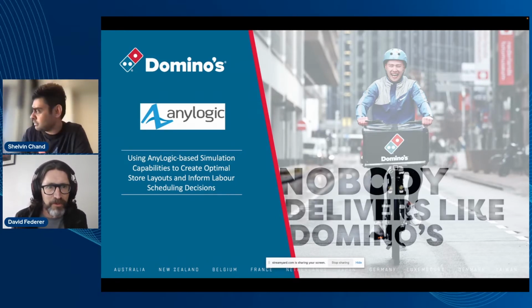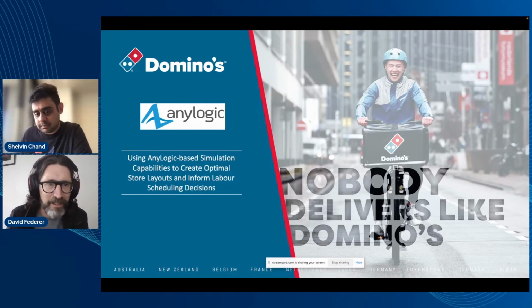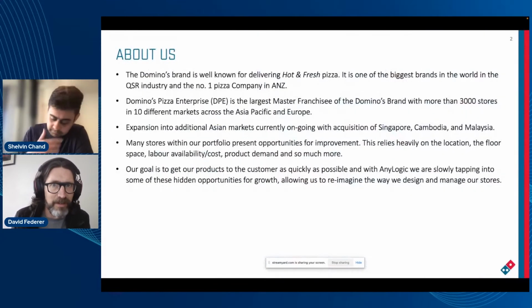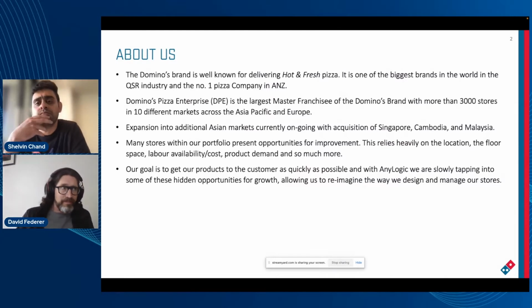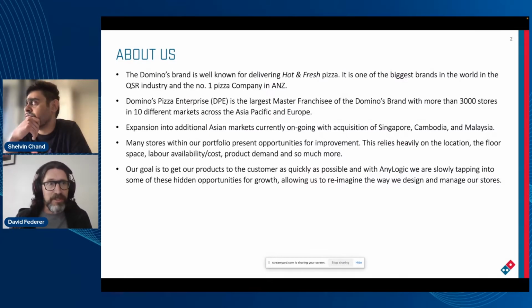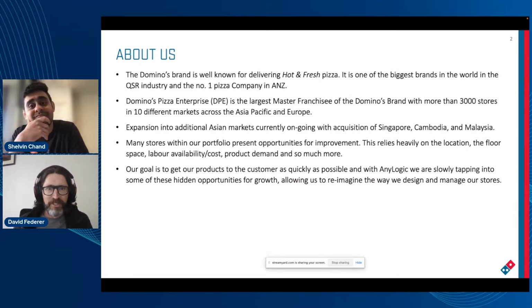I will give you a little bit of context and set the scene of who we are, what we have been doing and why we need simulation. So basically, we are Domino's Pizza Enterprises. We are in the business of serving hot and fresh pizza and delivering that to people's doorsteps.